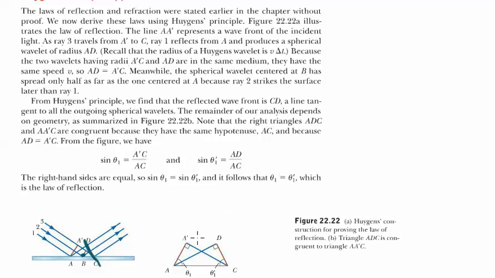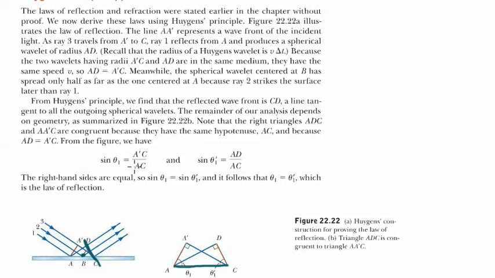Note that the right angles ADC and AA prime C are congruent because they have the same hypotenuse AC, and because AD equals A prime C.